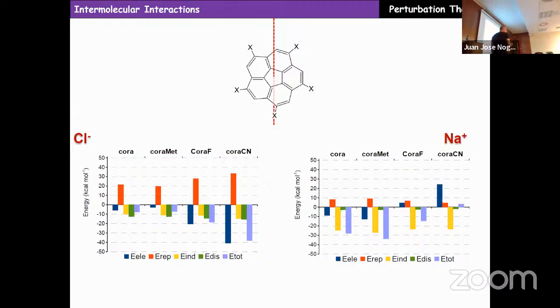So I am including a positive electrostatic potential in the middle. So it interacts very well with anions, but it's the other way around in the case of cations. So with just a calculation of interaction energy, I can say, I suppose this is because of mesomeric effects, some qualitative ideas, but with the energy decomposition analysis, I have a quantitative proof of that. The electrostatic energy increases, and the others don't change too much.